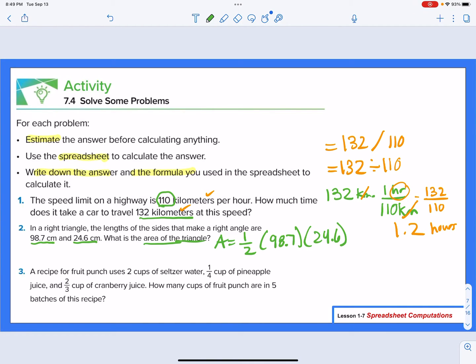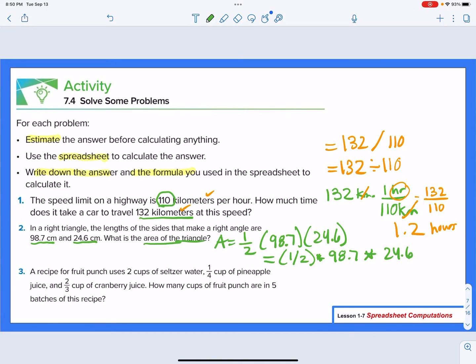On a calculator, or on the spreadsheet, we would probably write down equals, and we would say 1 divided by 2, and then we could say times 98.7 times 24.6, and that should give me my solution.